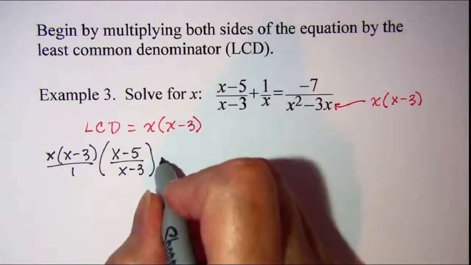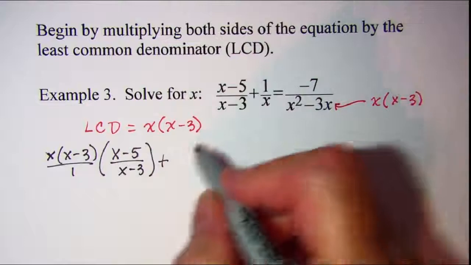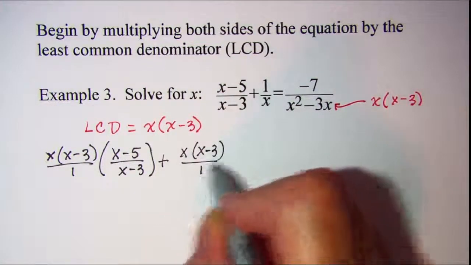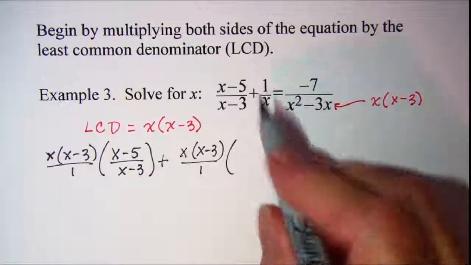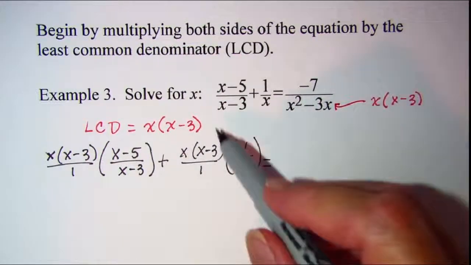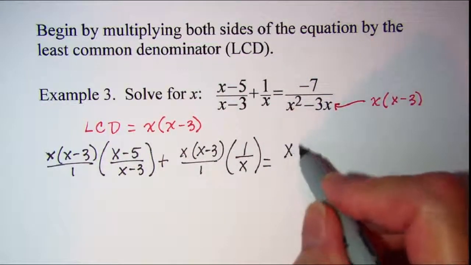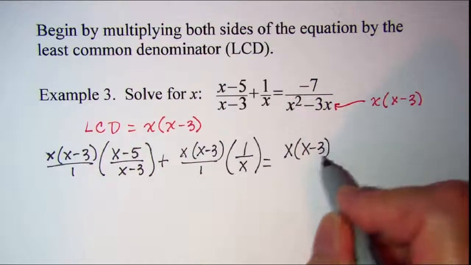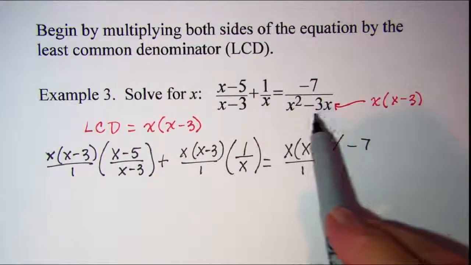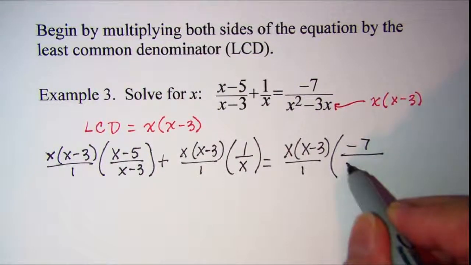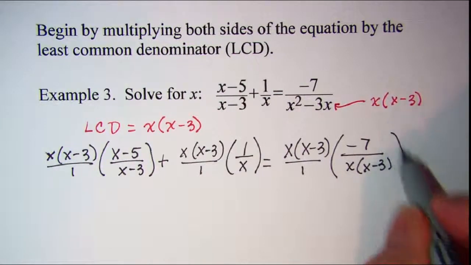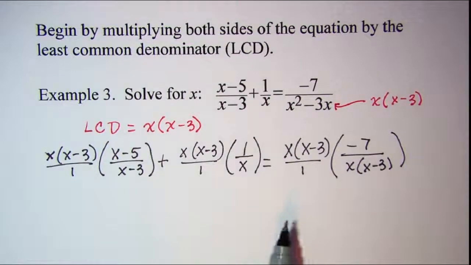So let's continue, plus, and then my least common denominator again, multiplied by this term, and then equals, and my least common denominator multiplied by this term. I'm going to write my denominator as x times (x - 3), the factored form, then I'll be able to do some canceling.